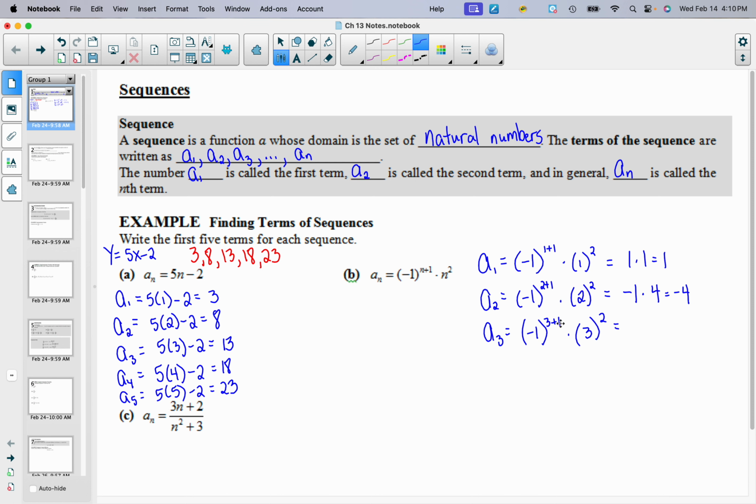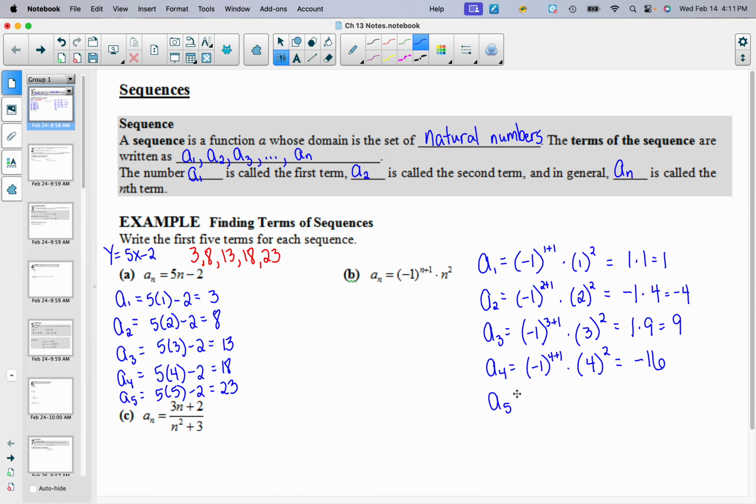So this time negative 1 raised to an even power is going to give me 1 times 9 is 9. Then a sub 4, we have negative 1 to the 4 plus 1 power times 4 squared. So this is raising to an odd power, so it's going to be negative 16.